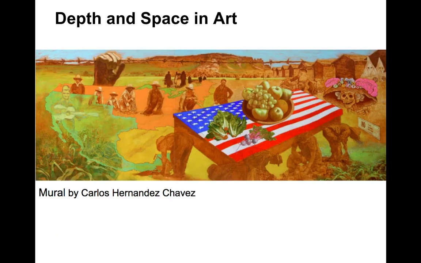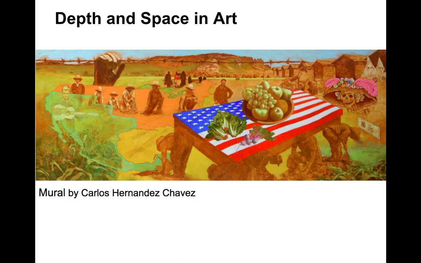What about this one? What do you see in this one? Well, I can see some size changes here, right? And do I see value changes? Maybe not. But I see some scale changes, overlapping. Well, this person is overlapping that person. There's also a size change.